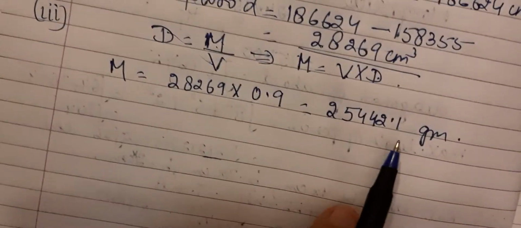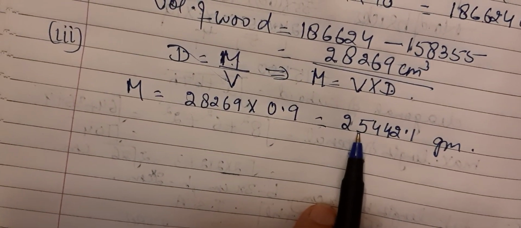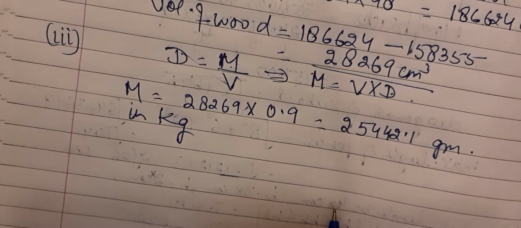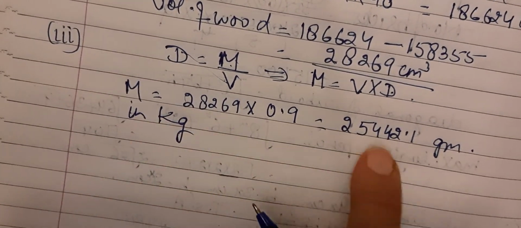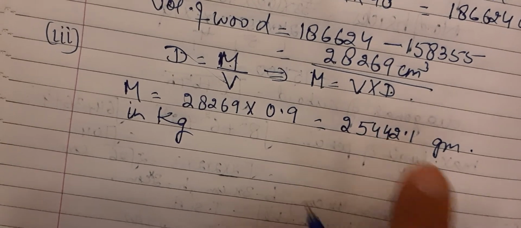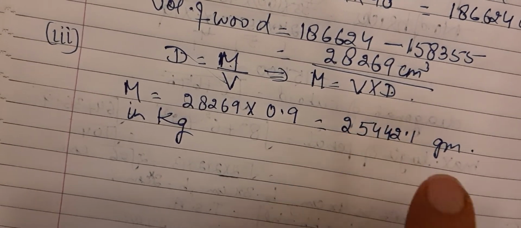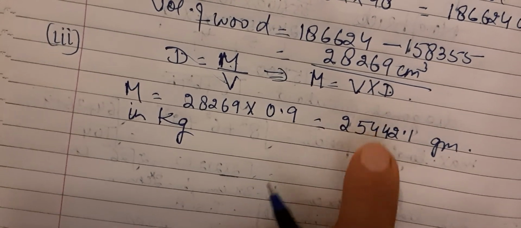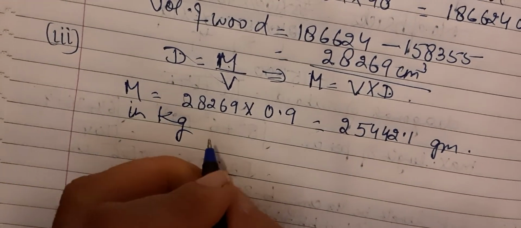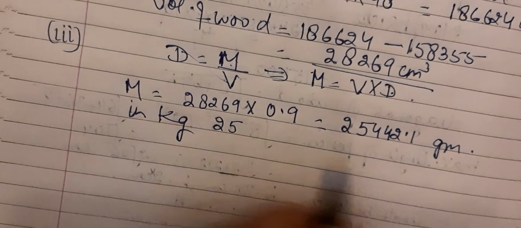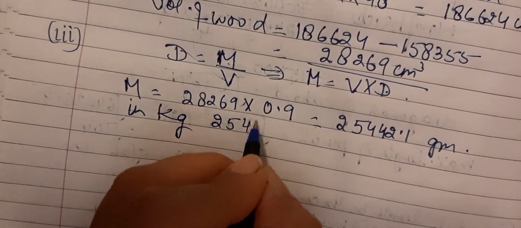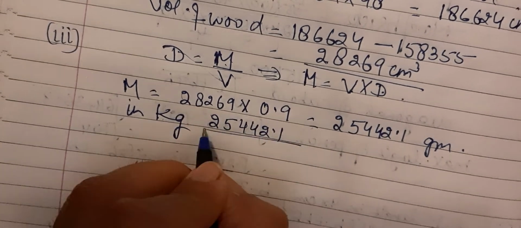So if you get the answer more than 1000 gram, you should change it into kg, because in 1 kg there are 1000 grams. And your answer is quite bigger than that of 1000 grams. So change it into kg. If you want to change gram into kg, we are going to divide by 1000.